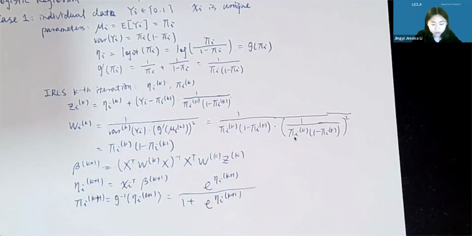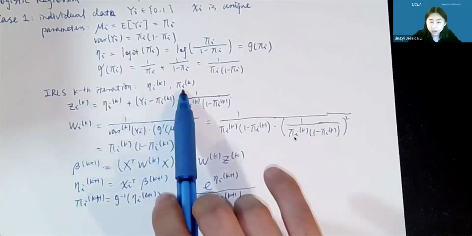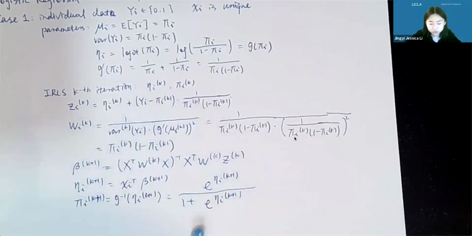Okay, so any questions? And of course, for this initialization, we need to make sure that when we initialize pi_i, it's not exactly 0 or exactly 1. Otherwise, we will be trapped there. That's the thing we need to remember when we do this numerical optimization for the initialization.